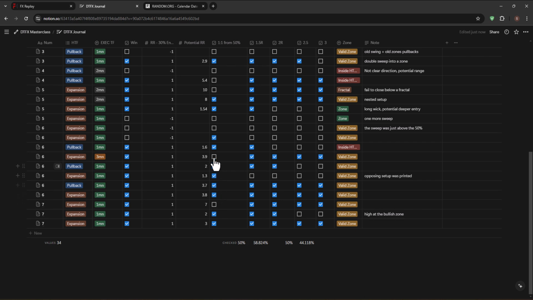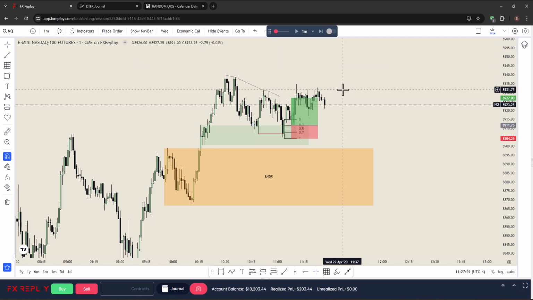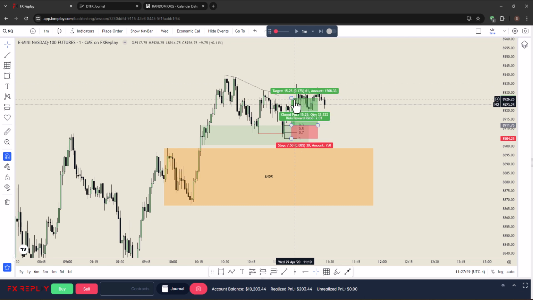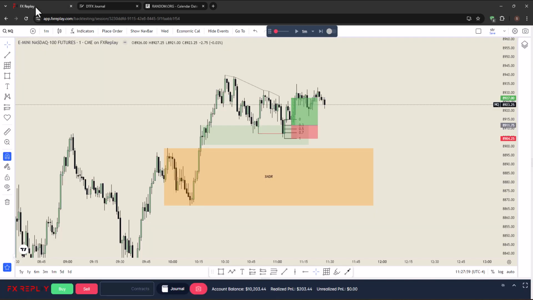So basically 7 of them tapped into the 50%, right? So this is something I'm trying to find value in, maybe extract something that's going to help me improve my edge, right? Anyway, let's return back to the actual backtesting, but these things are very important, guys.